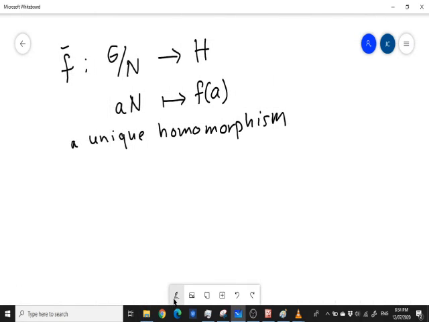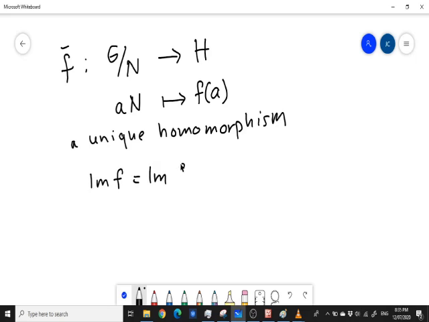There are also two other statements they have to add. The image of f equals the image of f bar.